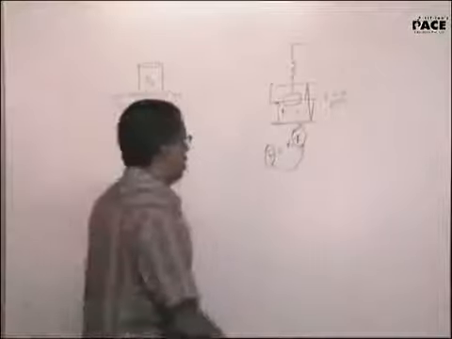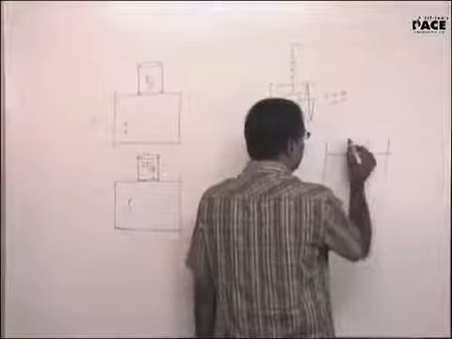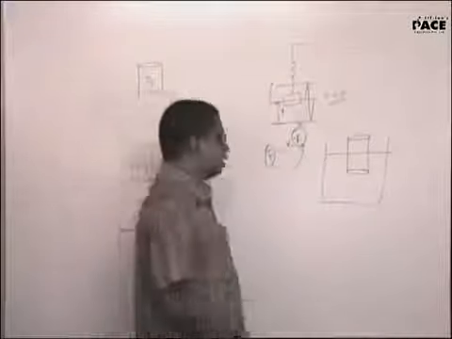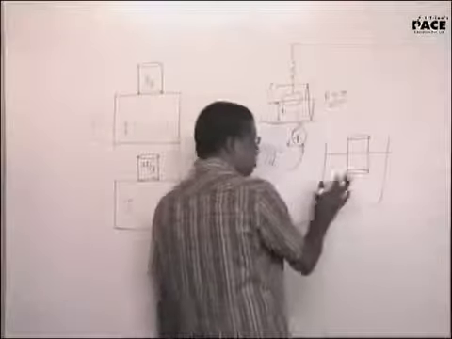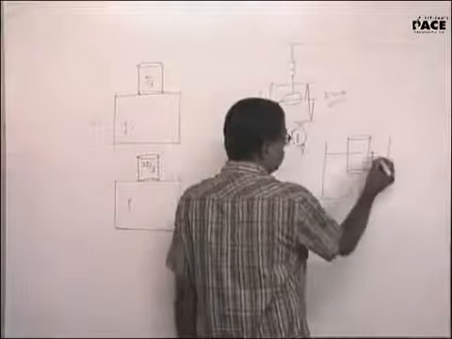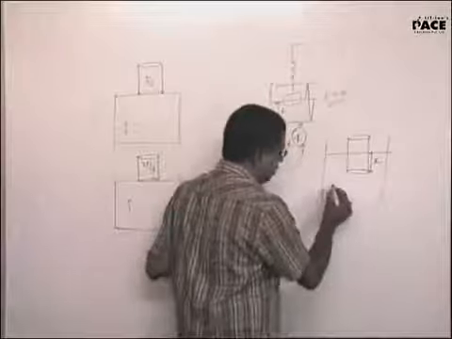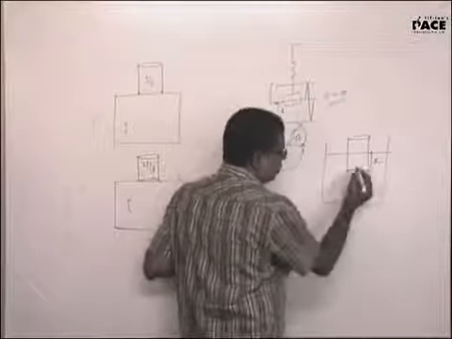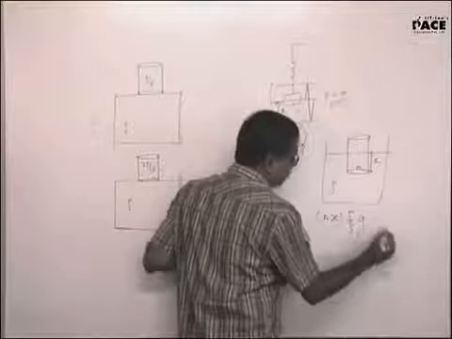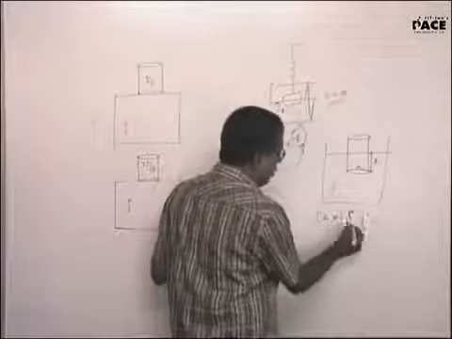Now in buoyancy I understand that the body will be in equilibrium position when the weight of this particular body is equal to the weight of the liquid displaced. Suppose I will tell you this to be x. In this particular case the density is rho by 3. So this is rho. This is A into x into rho into G, which will be the buoyancy.